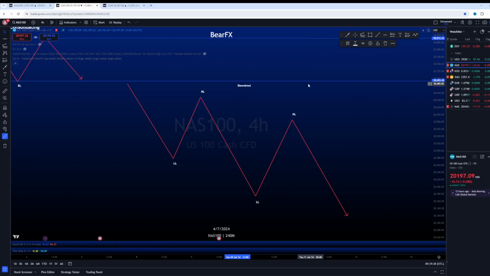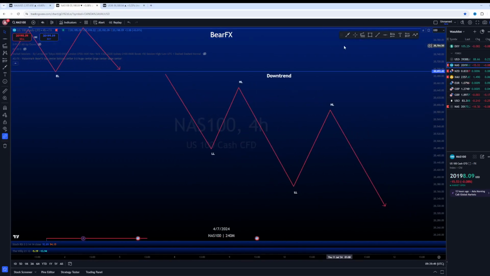Downtrend. Okay, so simple market structure. Again, with the downtrend, similar to the uptrend.